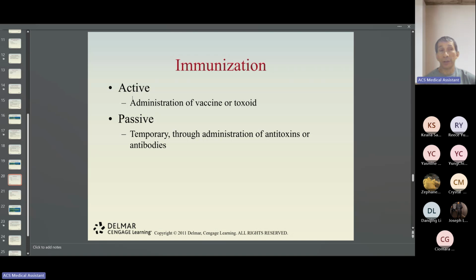Because remember, the parents are going to give us some antibodies that are going to be helping the child to mature, to strengthen their immune system. That is basically what it is. So active vaccines, passives given through the mother. Breastfeeding is one of the most common. So that's how it works.